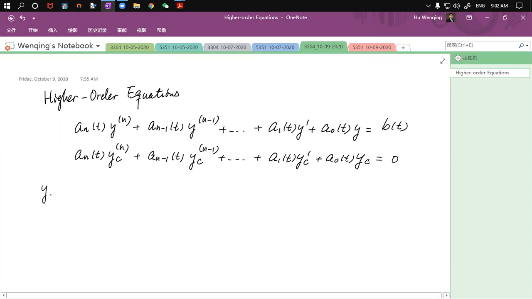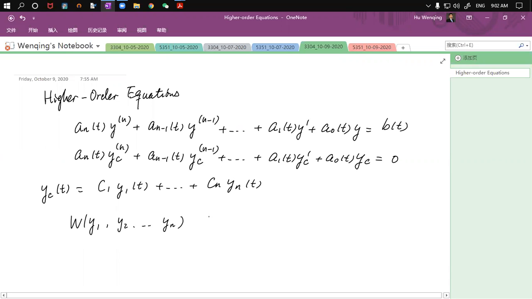And then you're going to represent y_c by c_1 y_1(t) plus ... plus c_n y_n(t). So that's a linear combination of these fundamental solutions. And we've been talking about the Wronskian, W(y_1, y_2, ..., y_n).